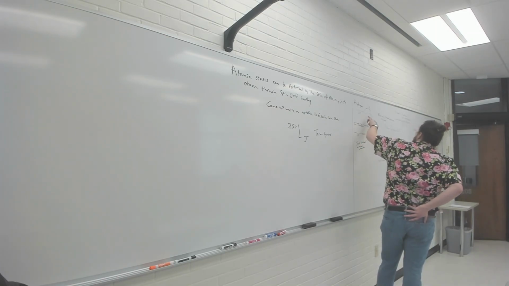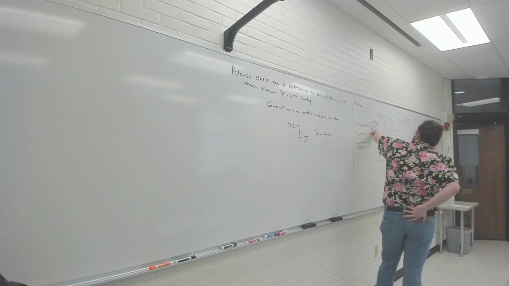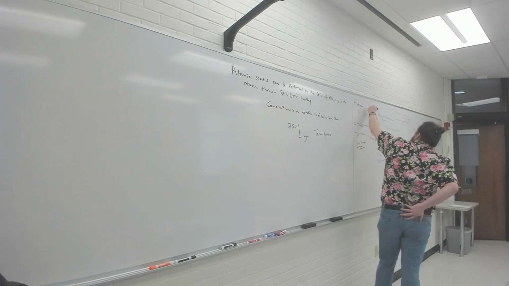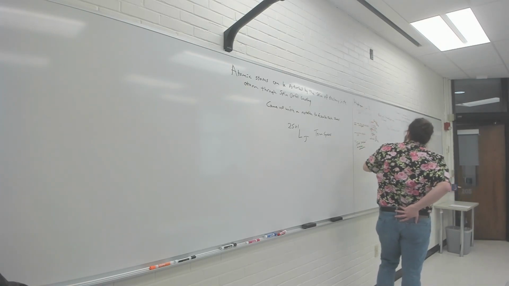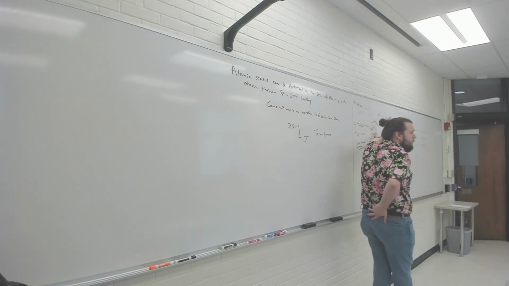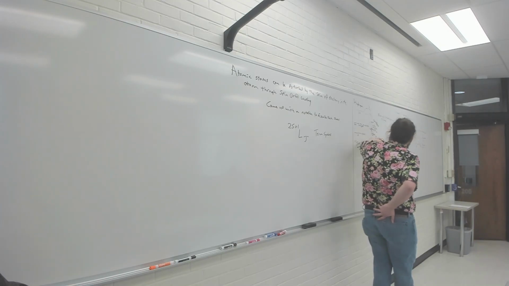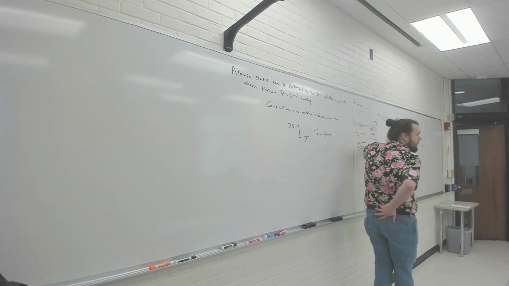Right? This transition is allowed because L is changing. J is 0, that's fine. It could also come from here as well into that S state. And then when it gets in that S state, it can't go anywhere else. So it always retains that energy. It doesn't drop back down into the S 1/2 state because it's forbidden.